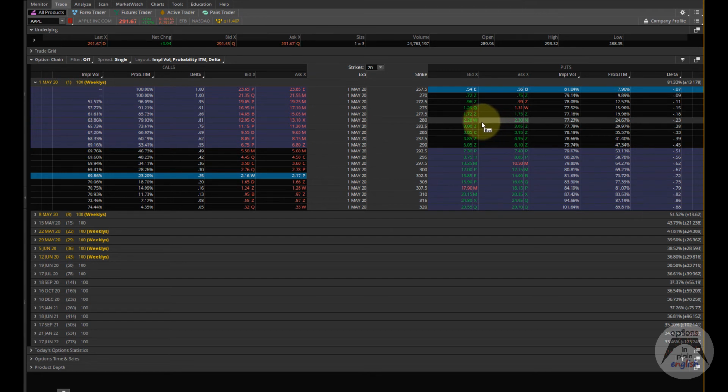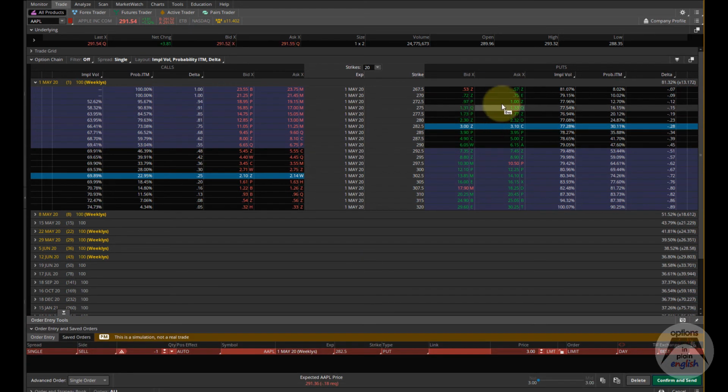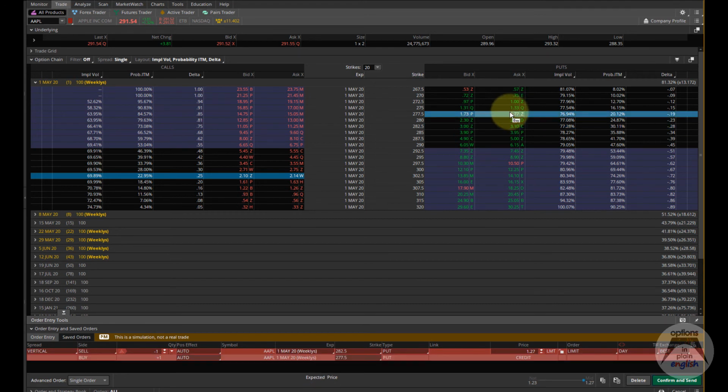And what I'm going to do now is pick the short put that's immediately before the intended break even point. So I'm going to be selling the 282.5, and I'm going to be buying the 277.5, because I'm going to make it symmetrical here. The 280 is the break even, so $2.50 higher and $2.50 lower.